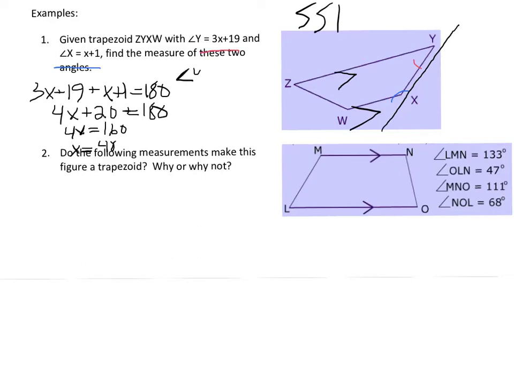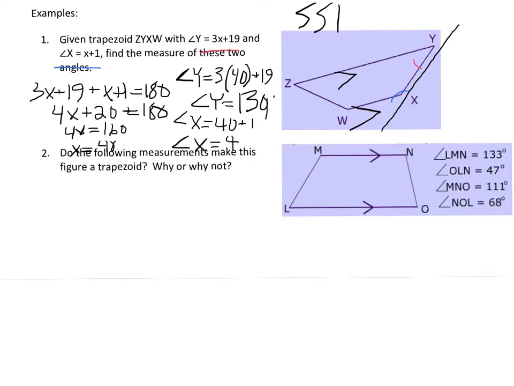Angle Y equals 3 times 40 plus 19, so it'll be 120 plus 19, which is 139 degrees. And then angle X equals 40 plus 1. Angle X equals 41 degrees.